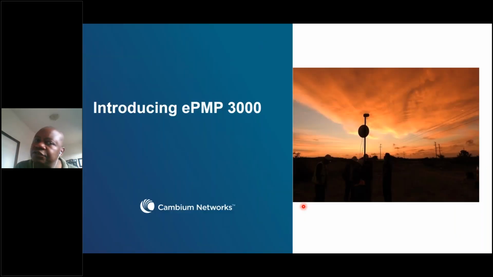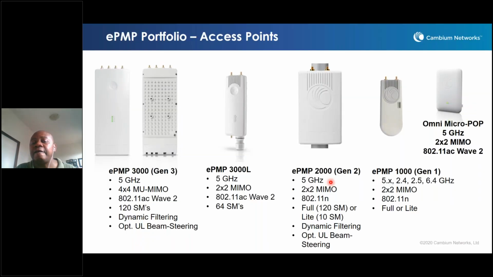So let's jump into the 3000. I have a poll, but I think we'll bring it in after the 3000. So the 3000, as I said earlier, is our affordable point-to-multipoint platform where we have access points and then we have subscriber modules. So today, these are the access points that are in the portfolio.